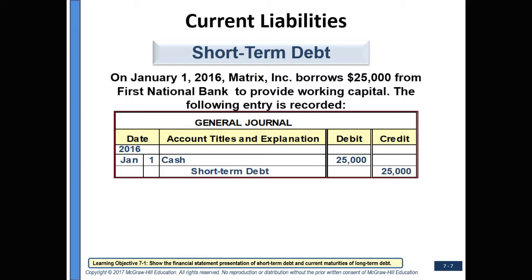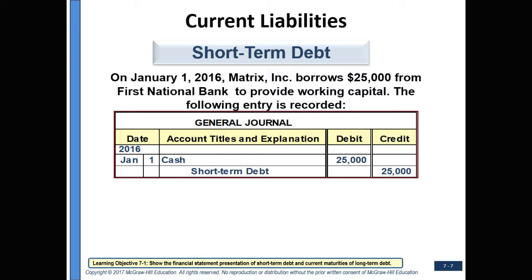The entry to record this, go back to transaction analysis. What increased? What was impacted? Well, we put $25,000 in the bank. So we increased cash. But we now have an obligation to pay that $25,000 at a point in the future.